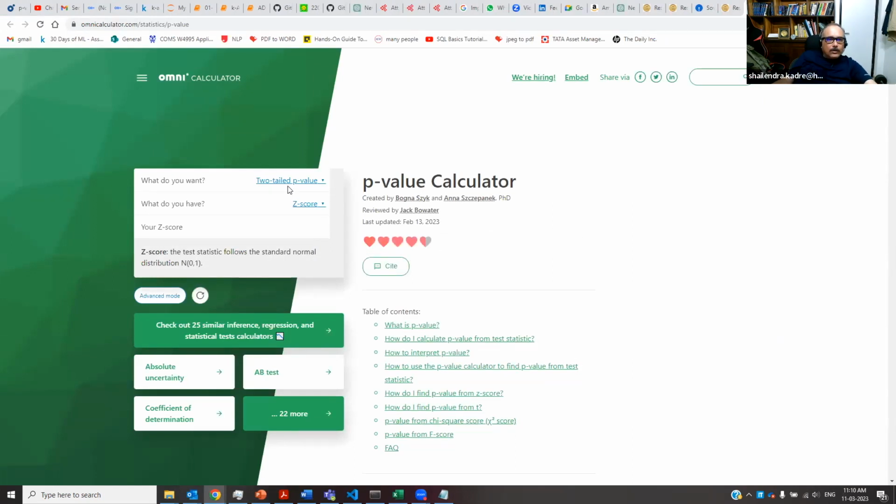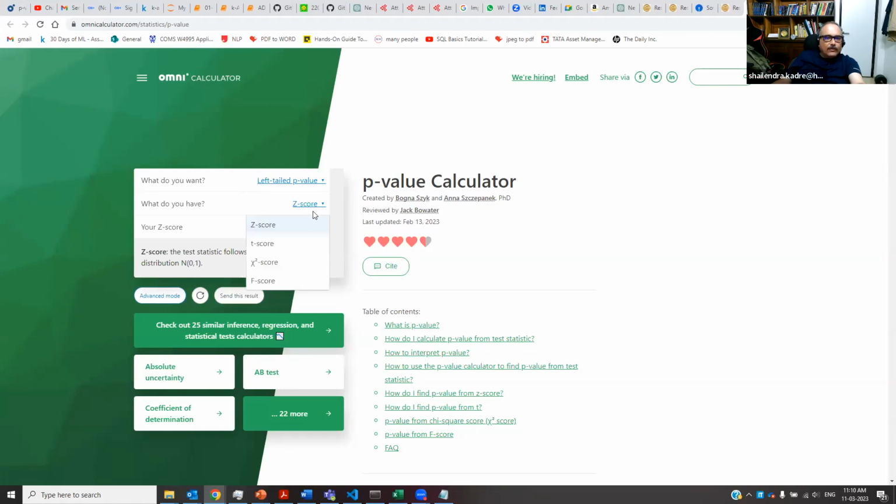Now here, on the left-hand side, we have to first select whether it is a two-tailed test, a left-tailed test, or a right-tailed test. Ours is a left-tailed test.